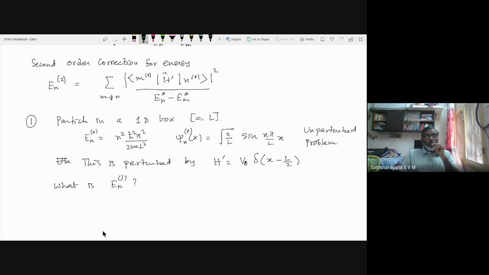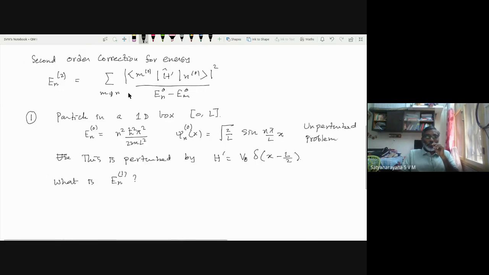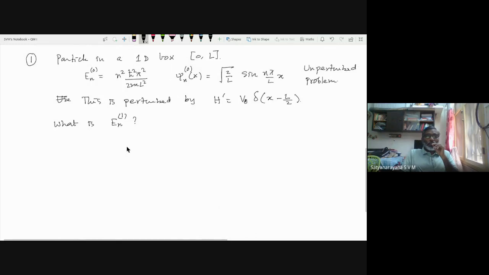Go back to the expression of En1, and now we have to write this in the coordinate basis. This En1 is an expectation value, so it will be the integral 0 to L of psi n star of x into H prime operator acting on psi n of x dx.